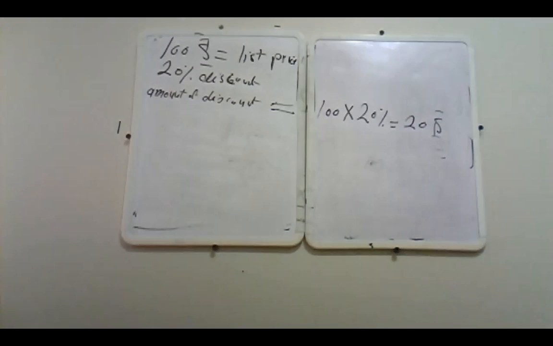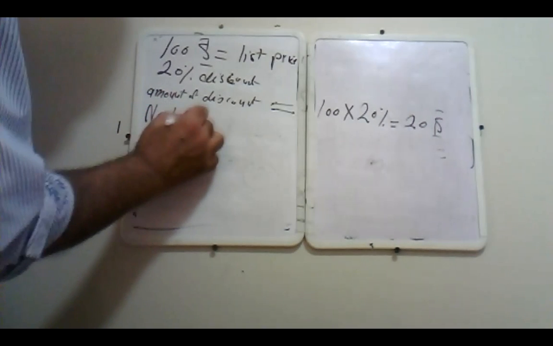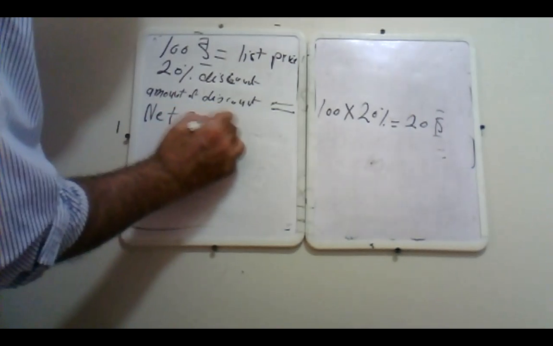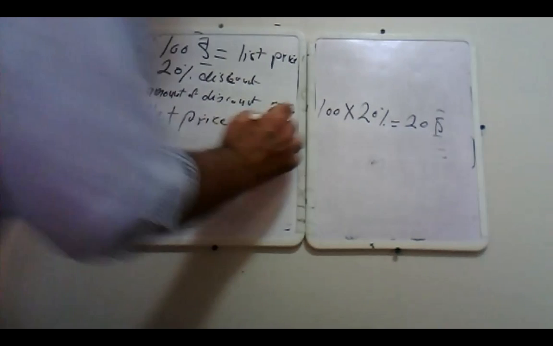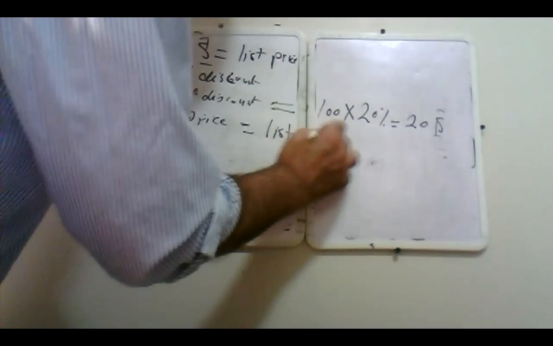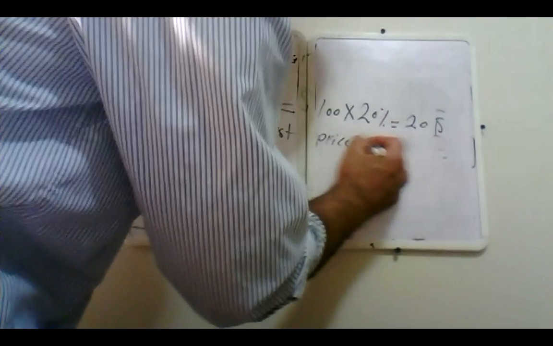Okay, then you will get the net price, which equals the list price minus the amount of discount.